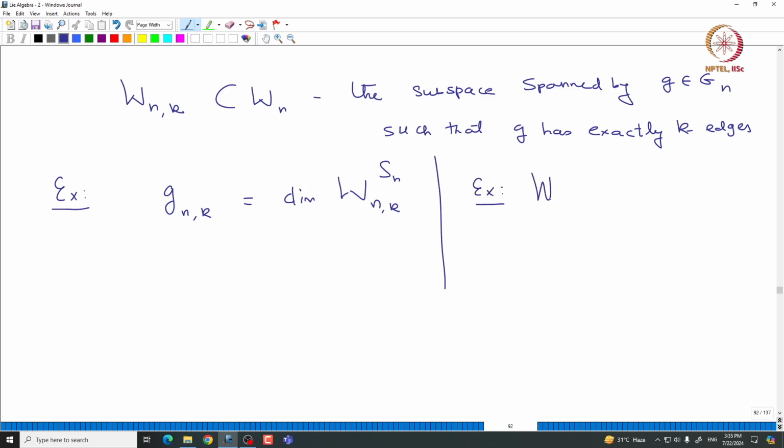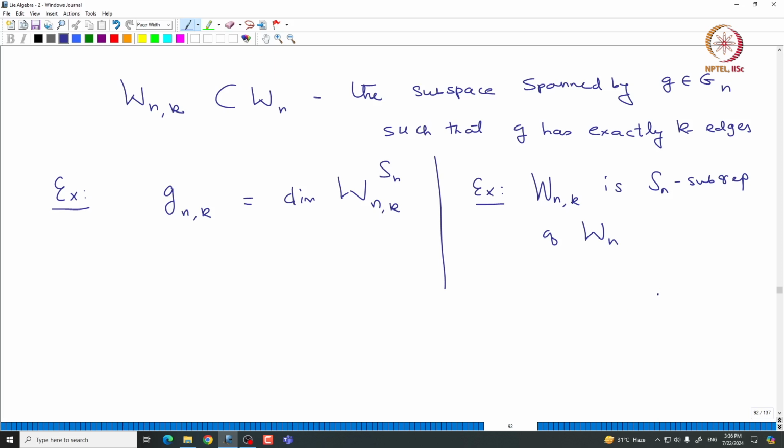Again, that is easy to see. So Wnk is an Sn sub representation of Wn. In particular, we can talk about fixed point elements inside that sub representation.